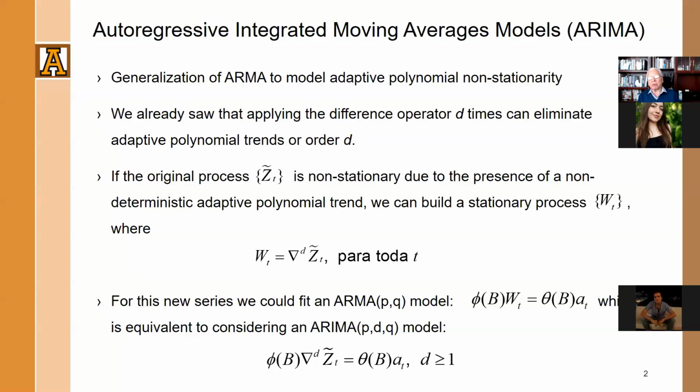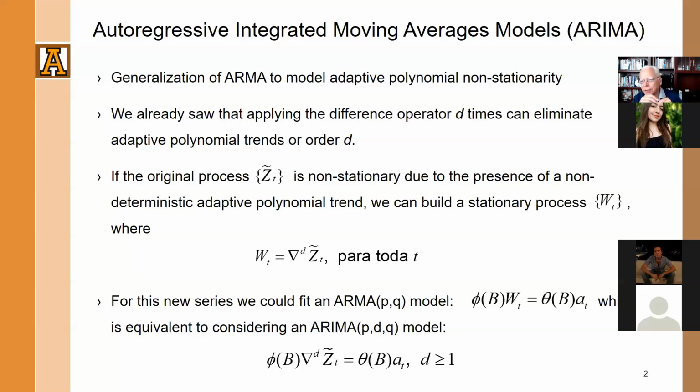We make it a little more flexible when we put the two together, the autoregressive and the moving average. And now we're making it even more flexible to accommodate non-stationarity of the adaptive polynomial type, through the d.